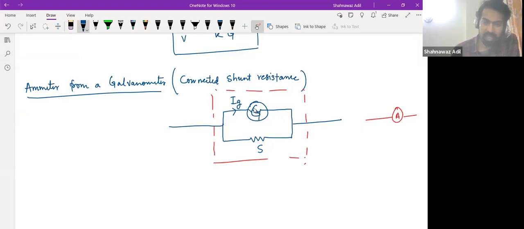This galvanometer has a very high resistance. So if we have a high resistance, then the major current will not pass through it. All the current will pass through this side. Let's say the current I is flowing through this circuit. So we know that IG is very small. If we use the junction rule, what should be the current?